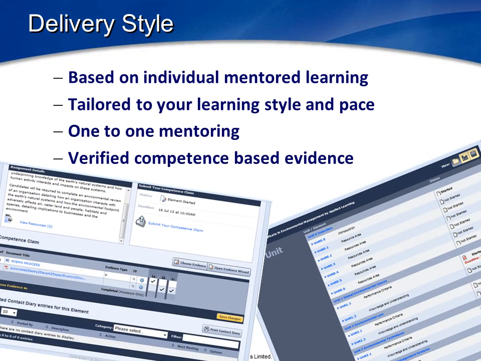For each of the units, you will be given a range of standards and statements that we will look at later on in this presentation. The idea is that for each statement you need to demonstrate through 2 pieces of evidence that you can competently meet the requirements of that assessment criteria.